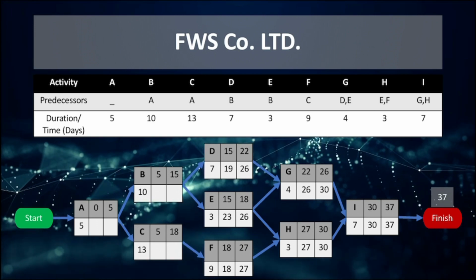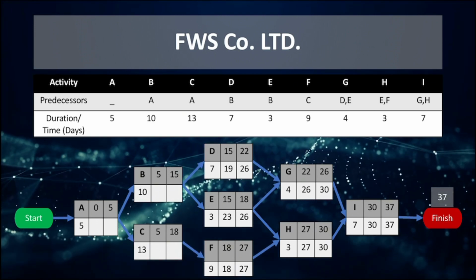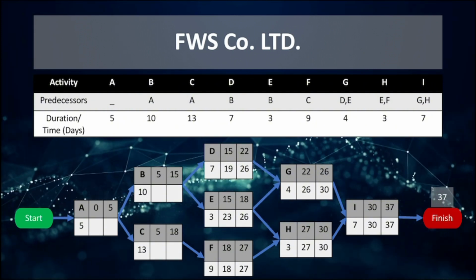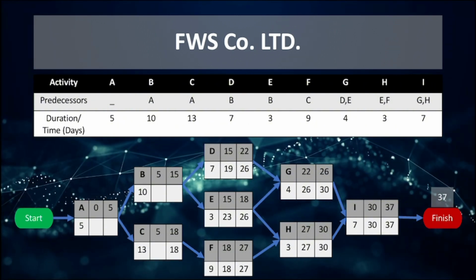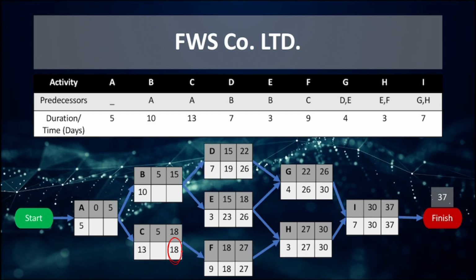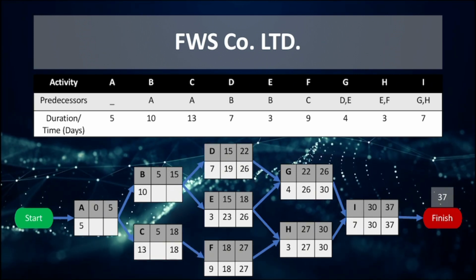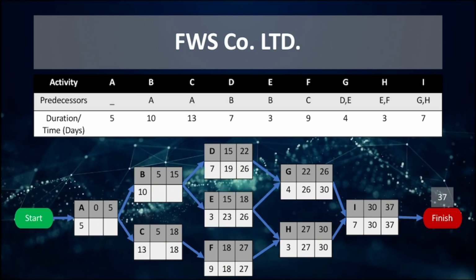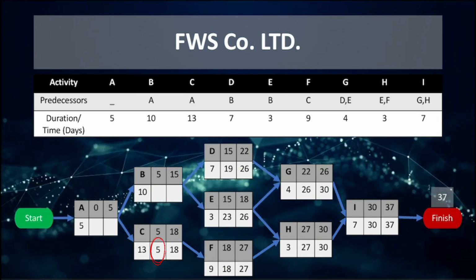C has only one successor, F. The latest finish time for C is the latest start time of F, which is 18, and the latest start time will be 18 subtracted by the activity time of 13, which is equal to 5.